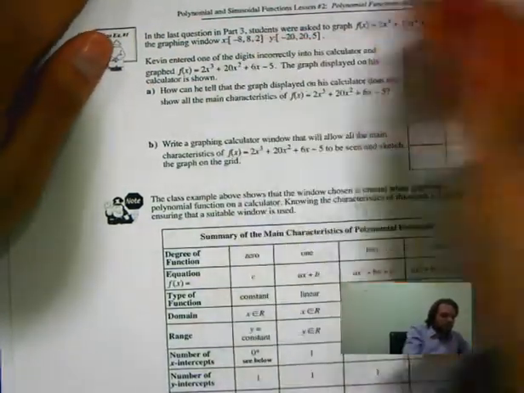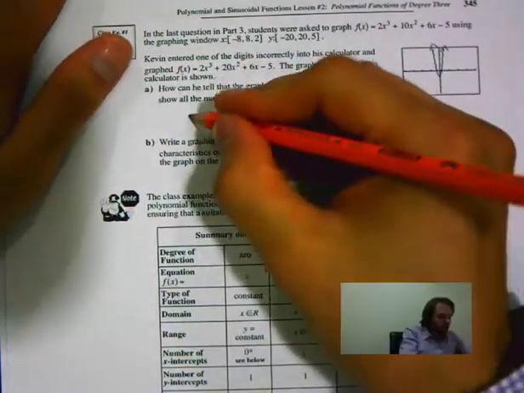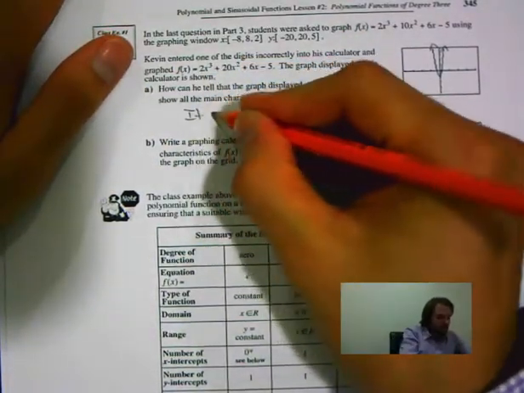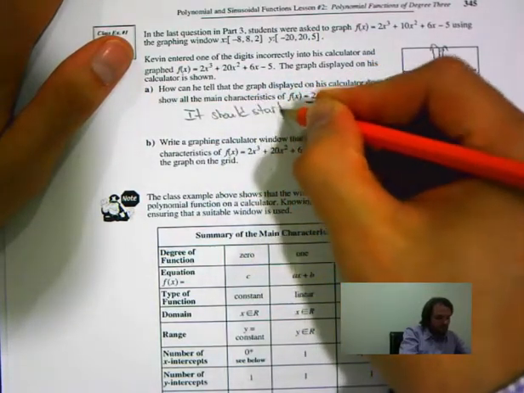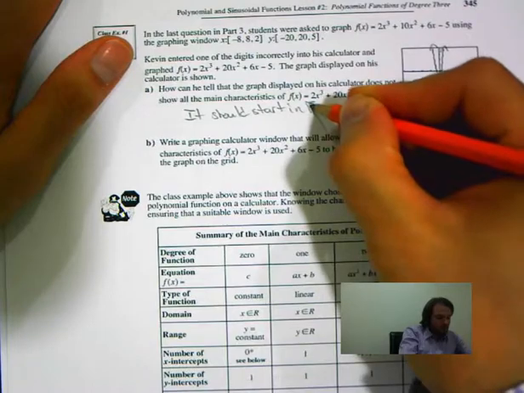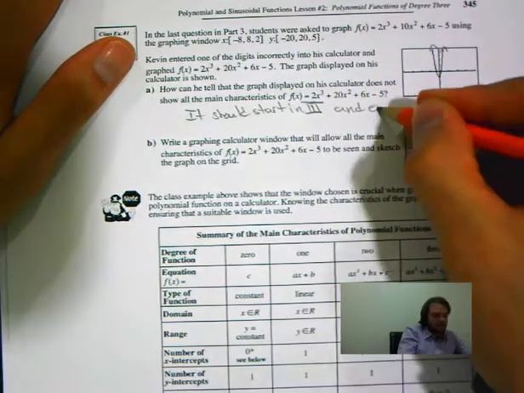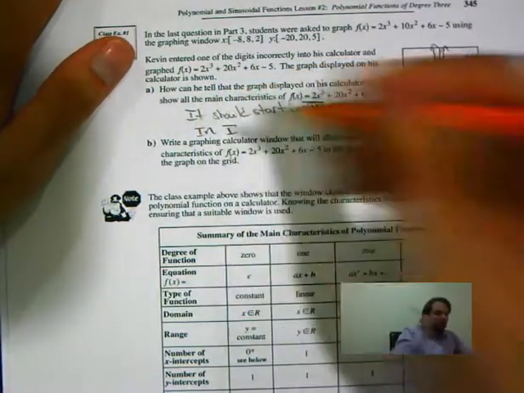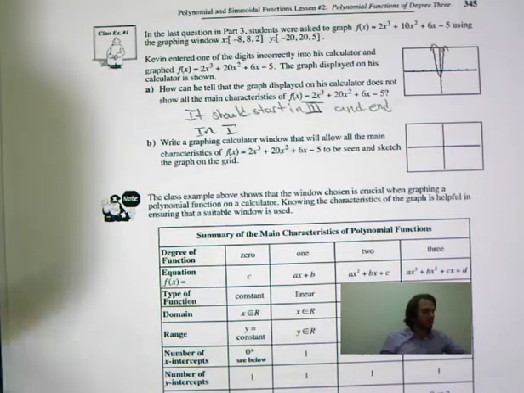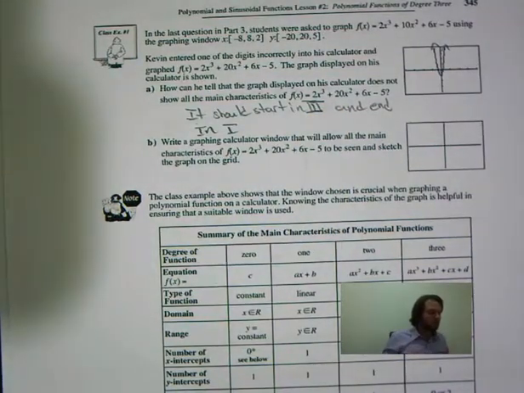If I look at this, it is positive. It should start in quadrant 3 and end in 1. But it doesn't do that. So that's one thing where he knows automatically he made a mistake. So that's the first thing.